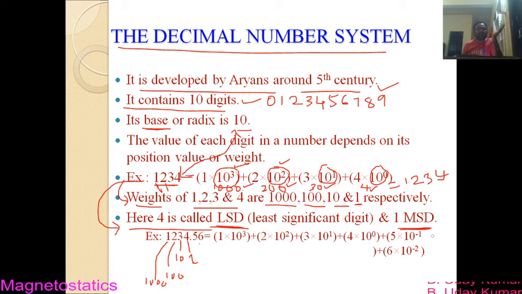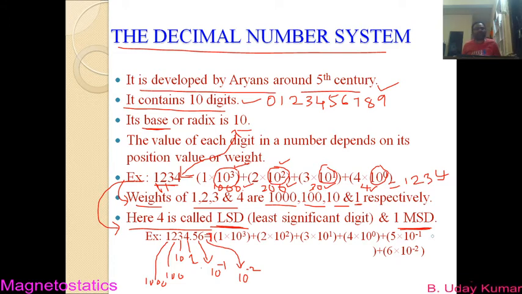But what about 5? The 5 is the digit present after the point, and hence its weight is 10 power minus 1. The 6 is 10 power minus 2, and so on. If there is one more digit, say 7, its weight becomes 10 power minus 3.